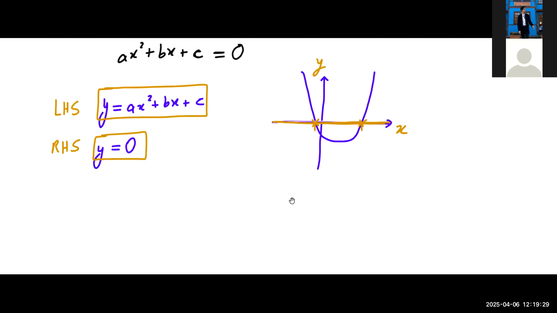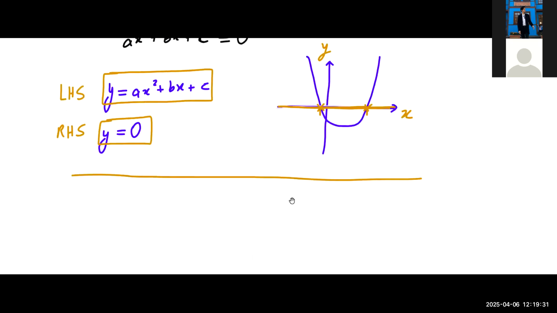Okay? I'm going to show you another example of this situation because sometimes it's not as easy as finding this, right? So all the questions actually in the book are pretty straightforward.